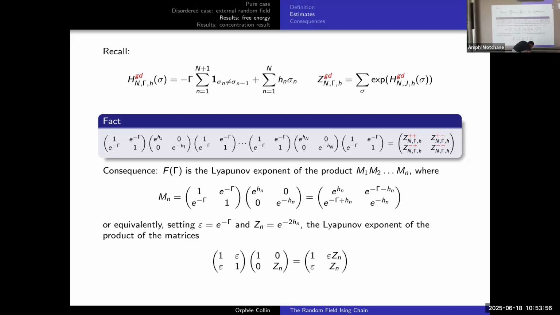So let me just mention what a Lyapunov exponent is. If you have random matrices M1, M2, Mn, if you consider any matrix norm, then this converges towards the Lyapunov exponent associated to the law as well.